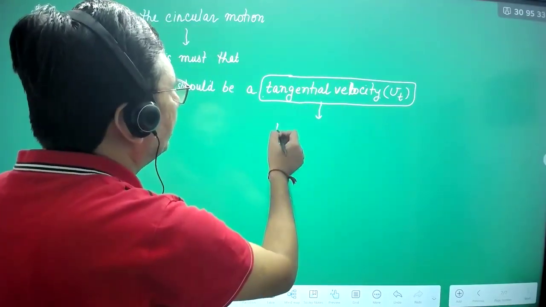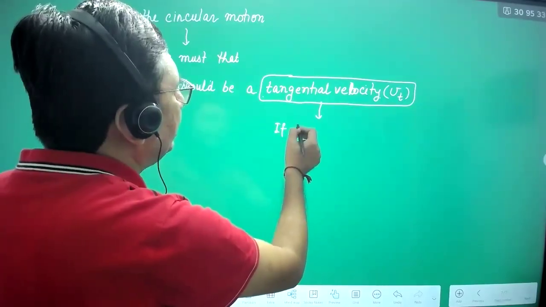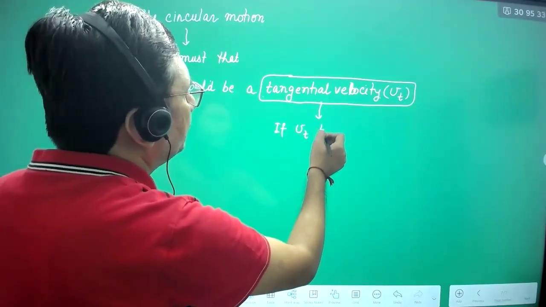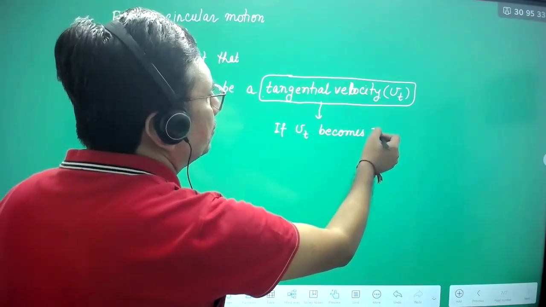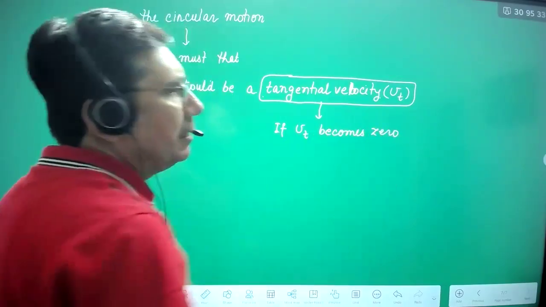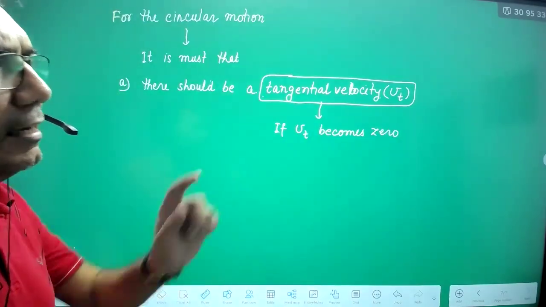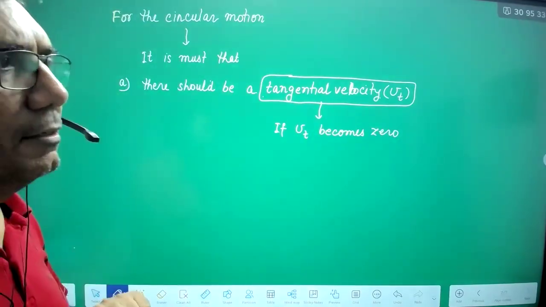If Vt becomes zero, then the direction in which force is acting at that instant will be toward the center.